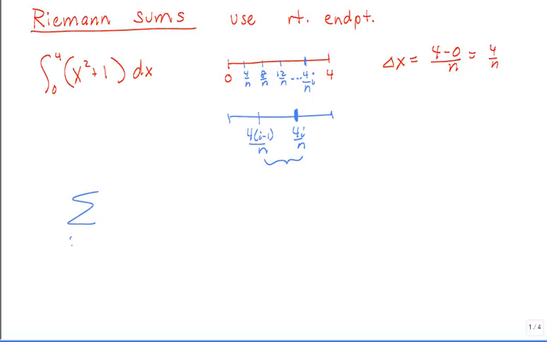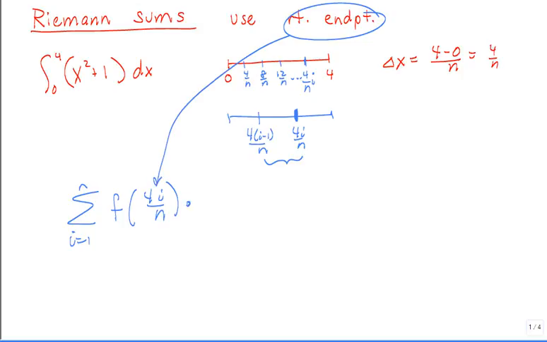So let's just look at the sum first of all. It's going to be f of 4i over n, because that's the right endpoint, and our delta x is 4 over n. So I have i from 1 to n.